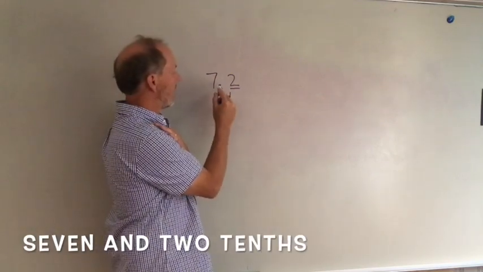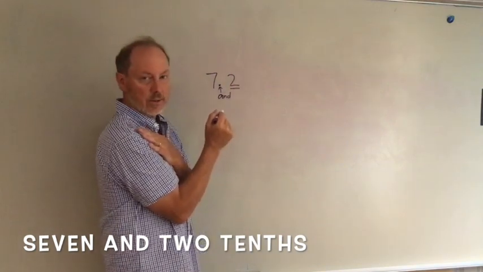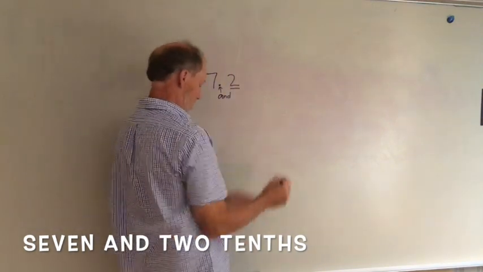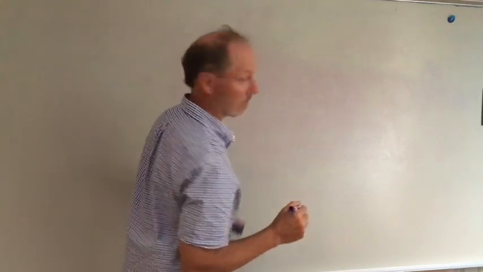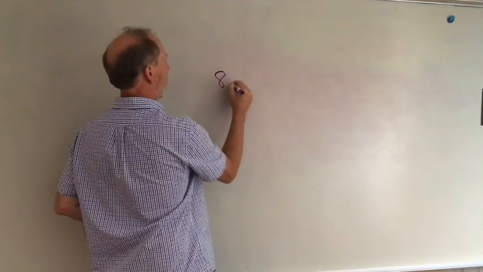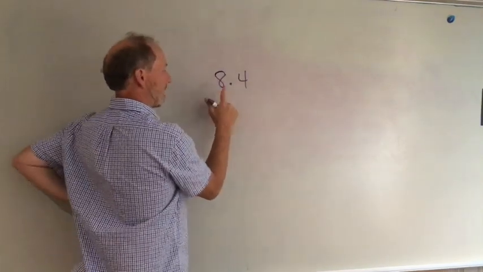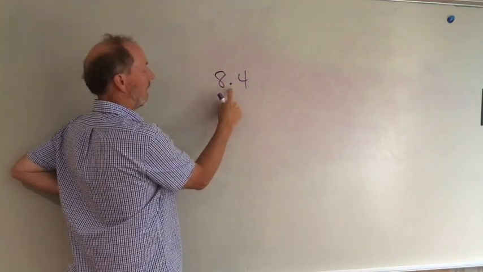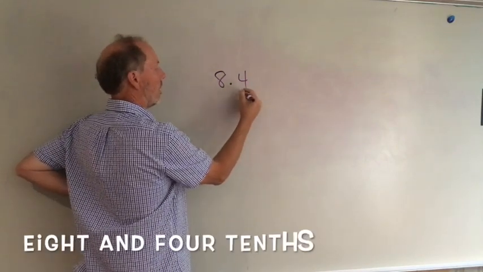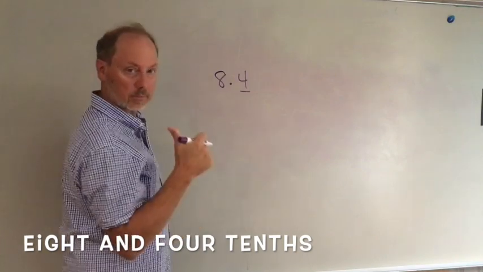So this is 7 and 2 tenths. Okay? Try another. We're going to try it a lot. This is 8 and 4 tenths. Cool?